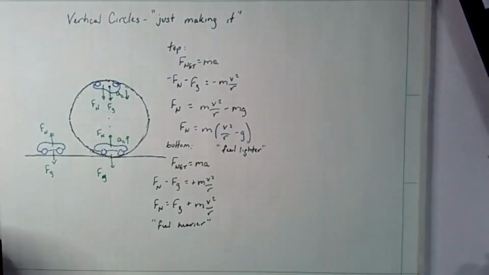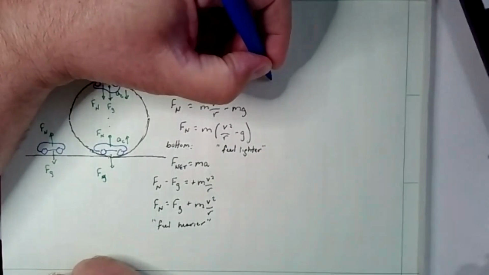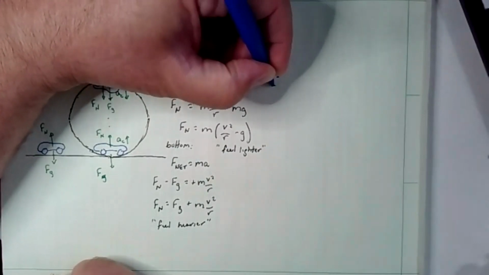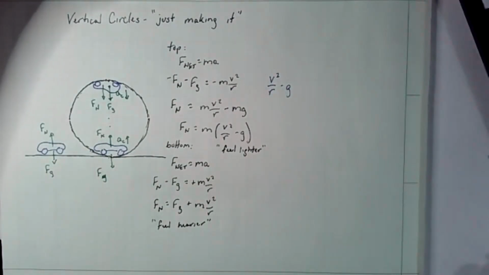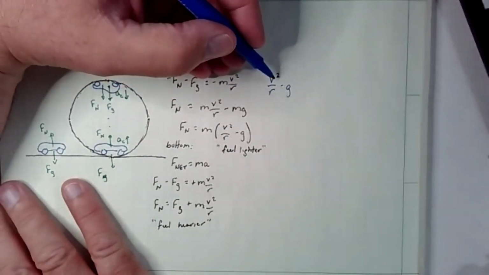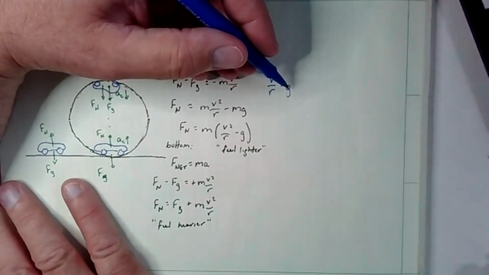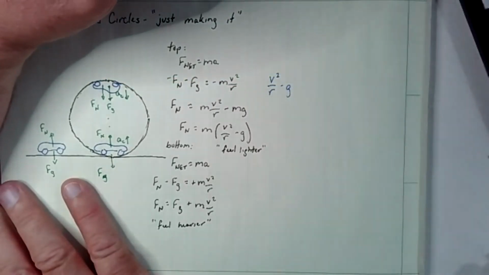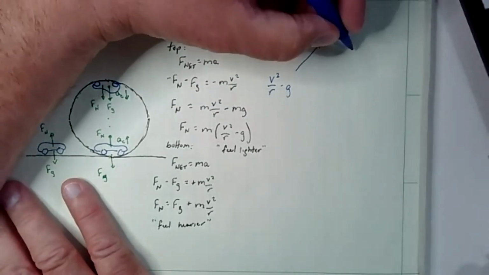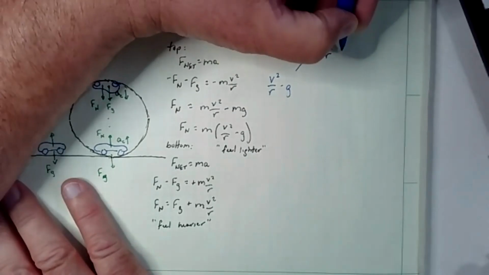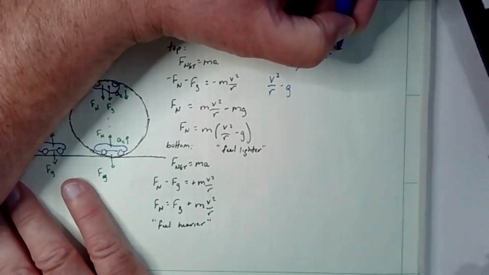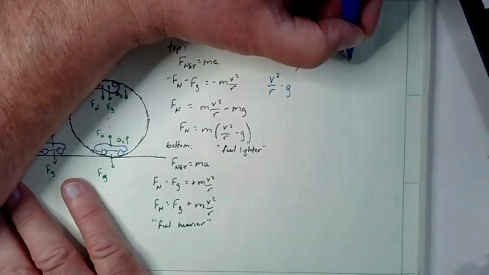So if we expand this a little bit, we want to take a look at three possibilities that could happen with this v squared over r minus g. In the first case, let's suppose it's positive. In particular, let's see what happens if v squared over r is greater than gravity.